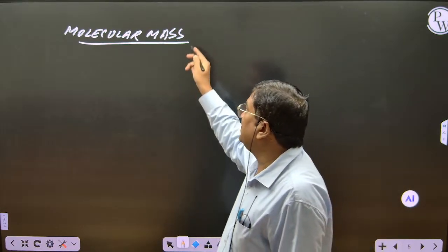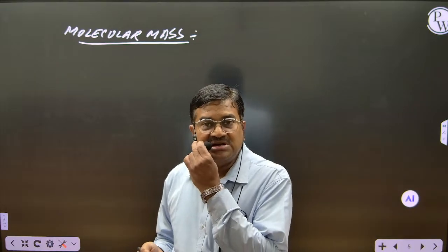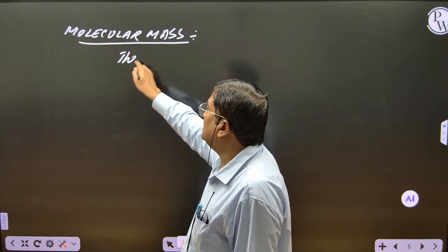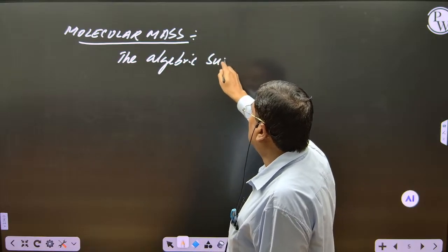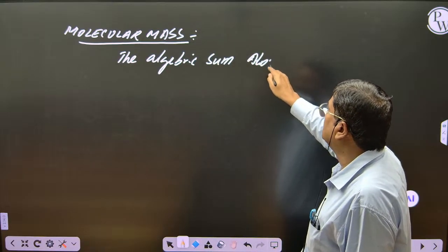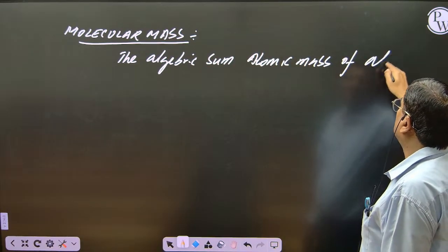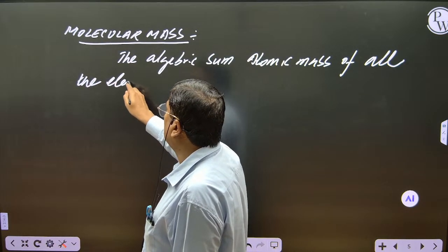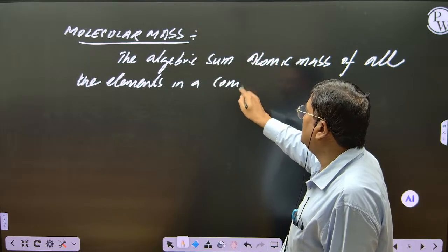So the definition of molecular mass: it is the algebraic sum of atomic masses of all the elements in a compound. Understood, students?